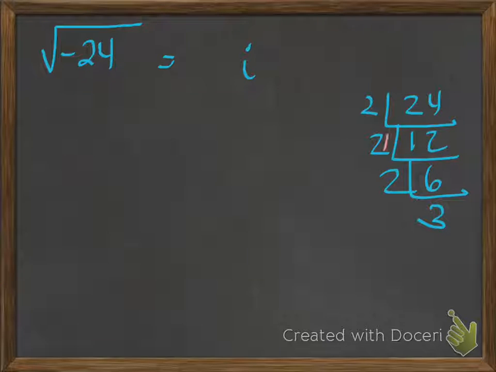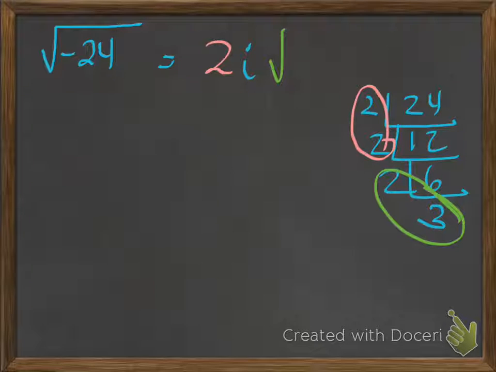So I have here a set of 2's I can bring out, and the square root of 6 has to stay behind. So this is the same way we were doing before. If there would have been a negative on the original problem, then this would be negative. The negative outside the square root just goes with the negative for the answer.